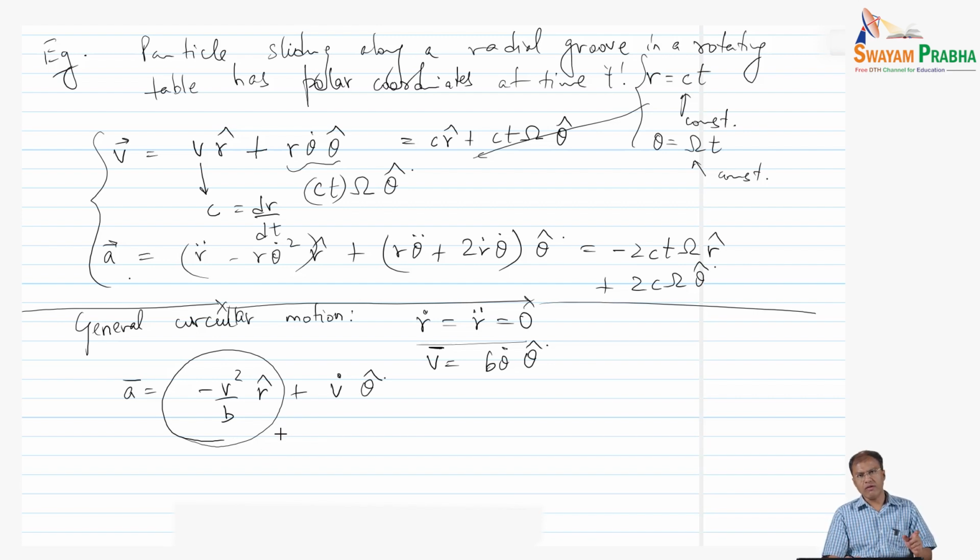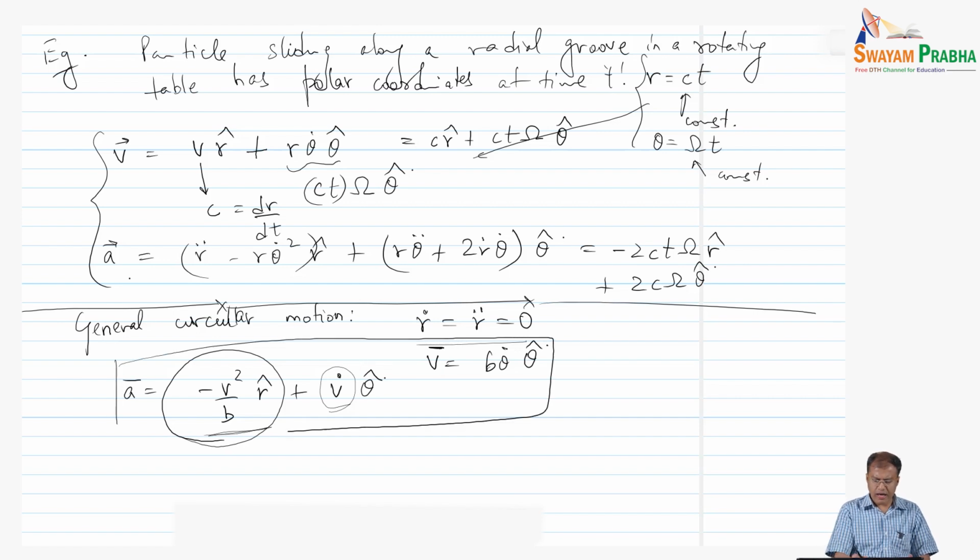That was the case when the speed was independent of time t, which means v dot was 0, and hence we were getting the same result. So this is the formula for the velocity and the acceleration in general along a circle with fixed radius.